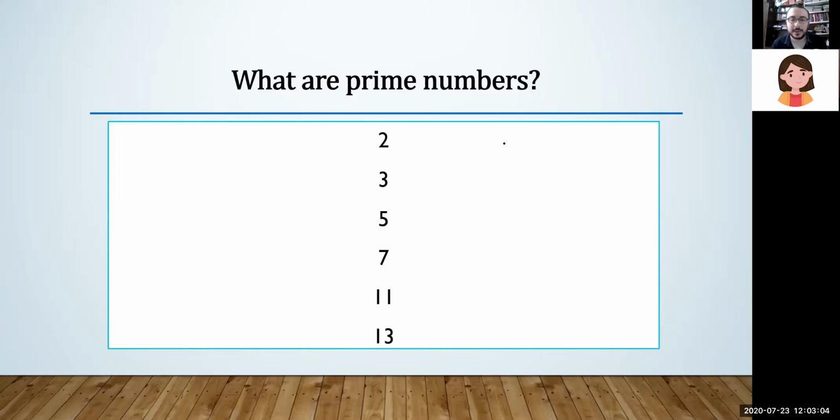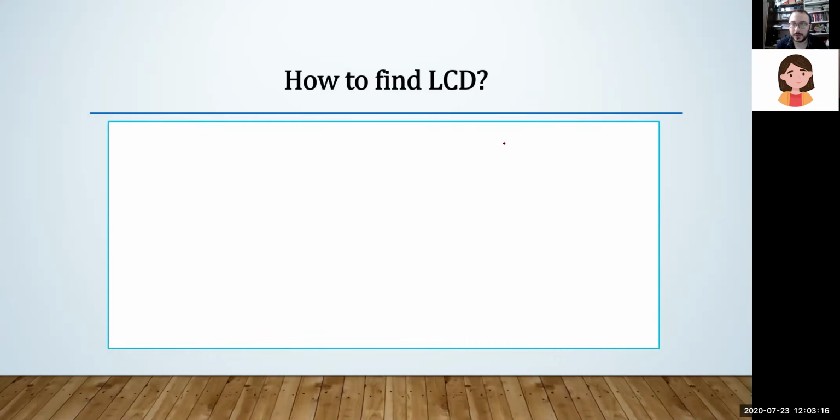Okay. So these numbers are the prime numbers, and to find the LCD, we should decompose the number to be a multiple of these numbers. So how to find the LCD? For example, I want to find the LCD of 81 and 105.